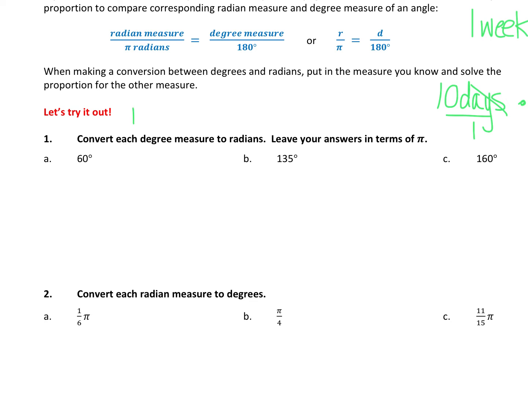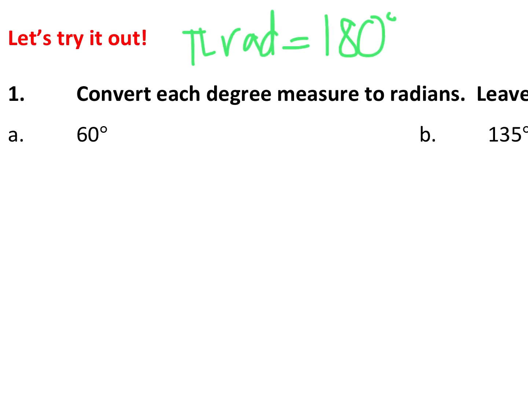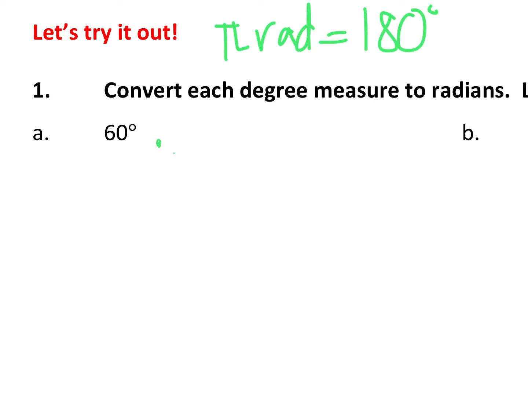I like to do the same thing here when I convert degrees and radians. I know that the conversion is pi radians equals 180 degrees. So then I look at what I'm converting. Here, because I'm converting degrees, I want degrees gone. So I'm going to put 180 degrees on the bottom because these will now cancel each other. And then pi radians goes up top.